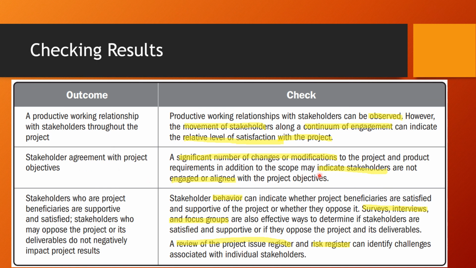A significant number of changes and modifications will indicate that stakeholders are not aligned, right? That is one way of checking it. Similarly, understanding stakeholder behavior, who is supportive and who is not supportive. We can do a lot of surveys and interviews, and have a risk register for each stakeholder to understand how they are influencing. This is one way of checking the results.